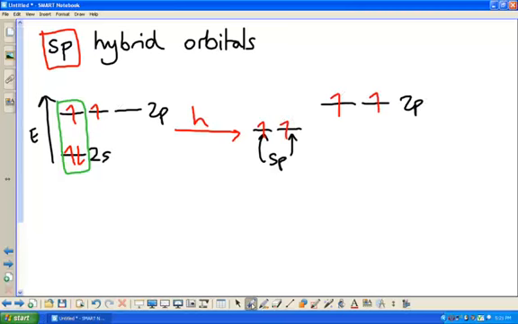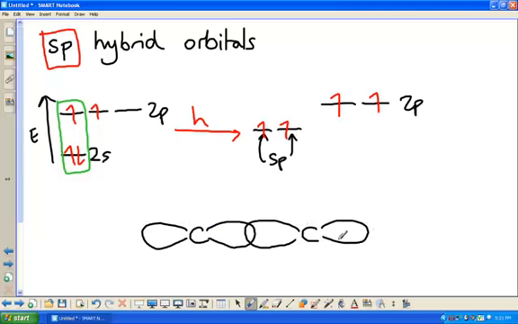And so when we look at our carbon again, when we have 2 orbitals like this, what's the best way to spread them apart? Well, of course, the best way is to put them 180 degrees apart. One like that, and one like that. And then when we look at the other carbon, we've got exactly the same thing. And when these come into contact with hydrogens, we have 1 bond here on the end, like so.